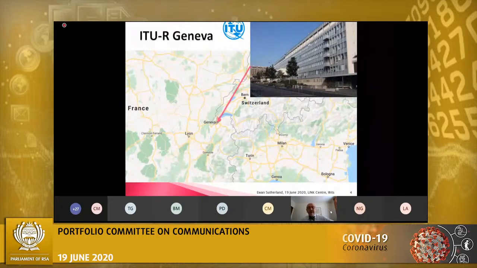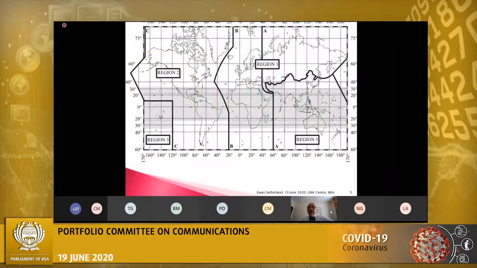Big meetings at ITU can be 200, 300, 400 people in one place. In the case of the World Radio Communication Conference, they're there for a month. The region that South Africa is in is Region 1, in 2 parts, but there's slight variations between the regions, but not a great deal.